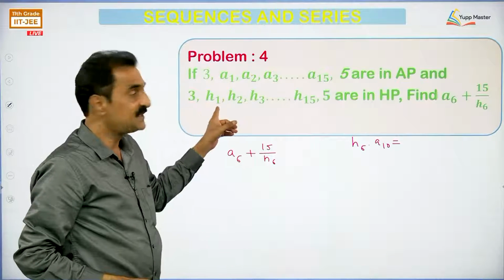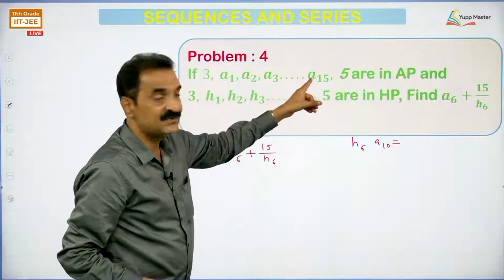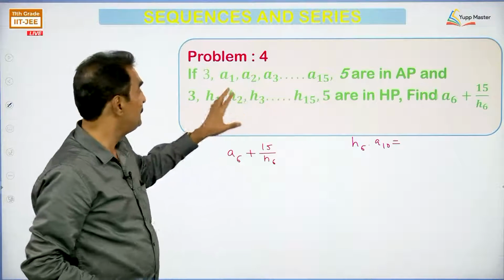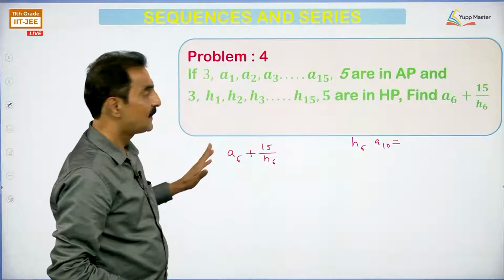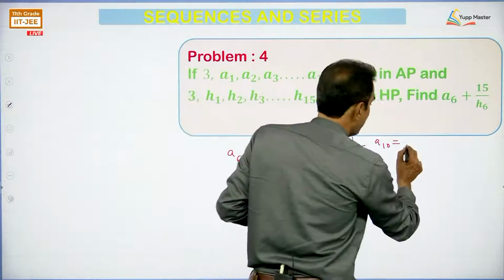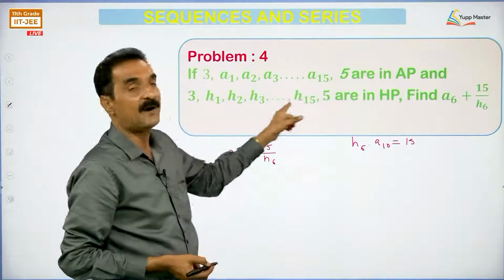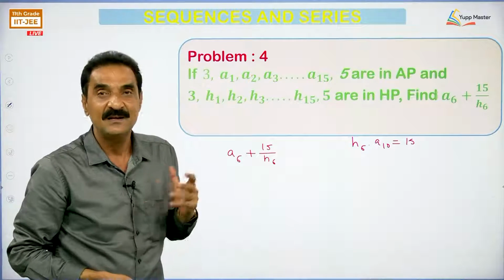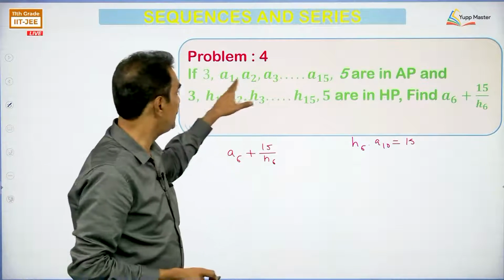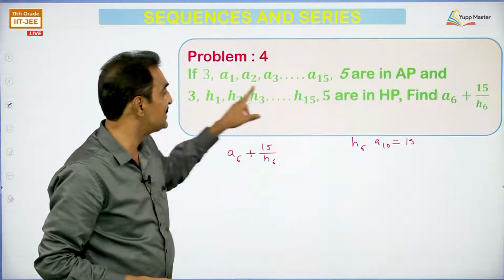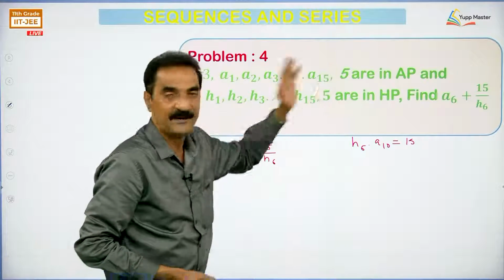The product of the 6th HM from left and the 6th AM from right will be equal to 3 into 5, 15. Why? Because between 3 and 5, an equal number of arithmetic means and harmonic means are inserted. 15 AMs and 15 HMs are inserted between 3 and 5.